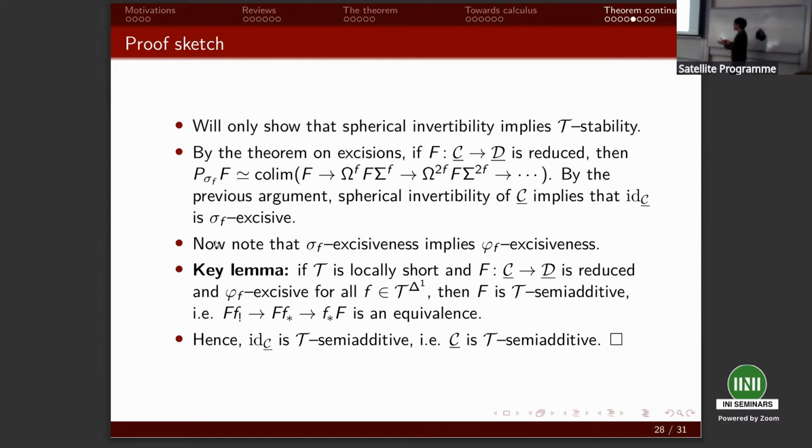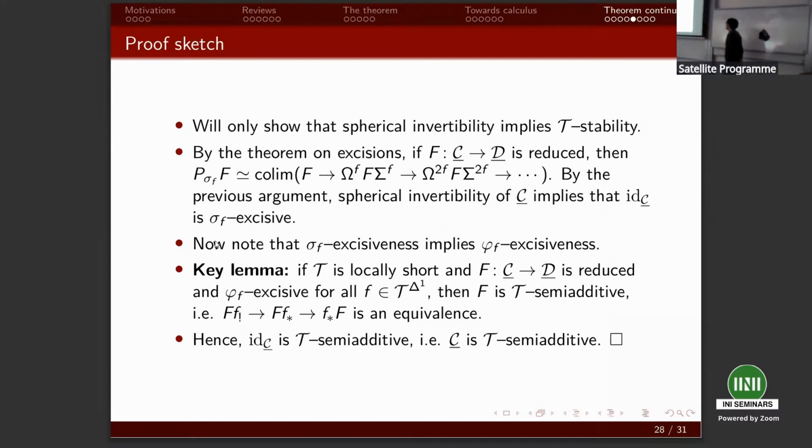Phi F excitedness, by this lemma, if you believe me, has something to do with semi-additivity. Just by diagrammatic reasons, this link is rather clear. And so, when you set things up so flexibly, you get to relate different types of notions. That's the point of setting up this language like this, because you can pull off this sort of proof.